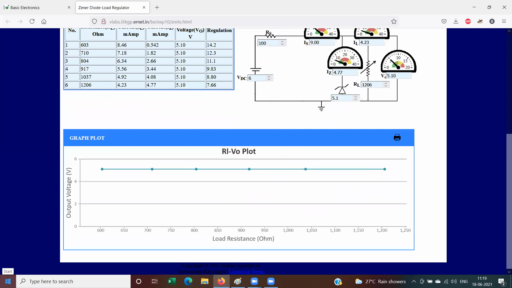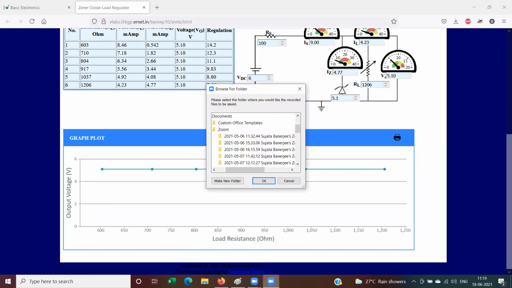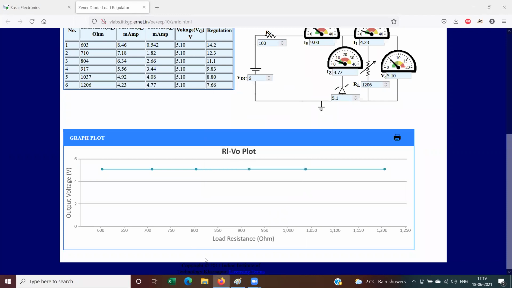You get a straight line more or less like this. So get the straight line. Okay, all of you getting this straight line?